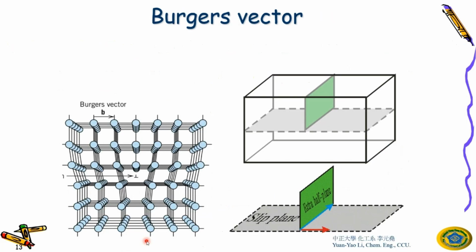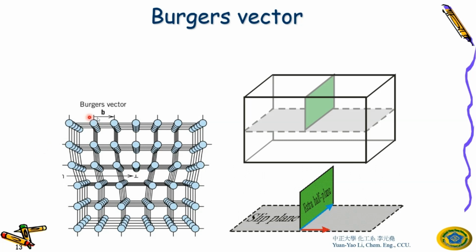How about another symbol called the Burgers vector? This is the dislocation line, right? And this is called the Burgers vector because it moves one step at a time. This vector represents the direction and also the amount of the movement, right?